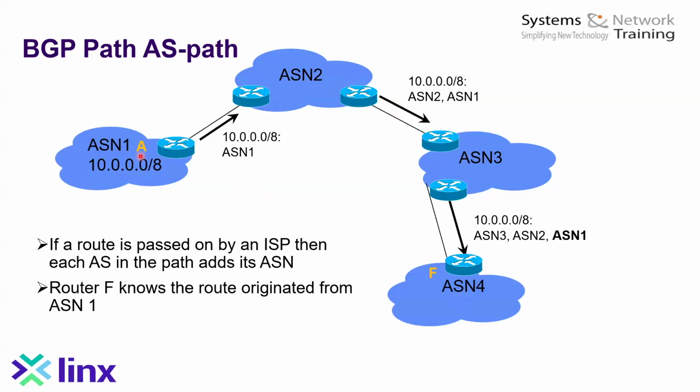Some sort of authority, like a certificate authority, like we said with websites, that can vouch for ASN1 and that route. Well, that is exactly what RPKI is all about.